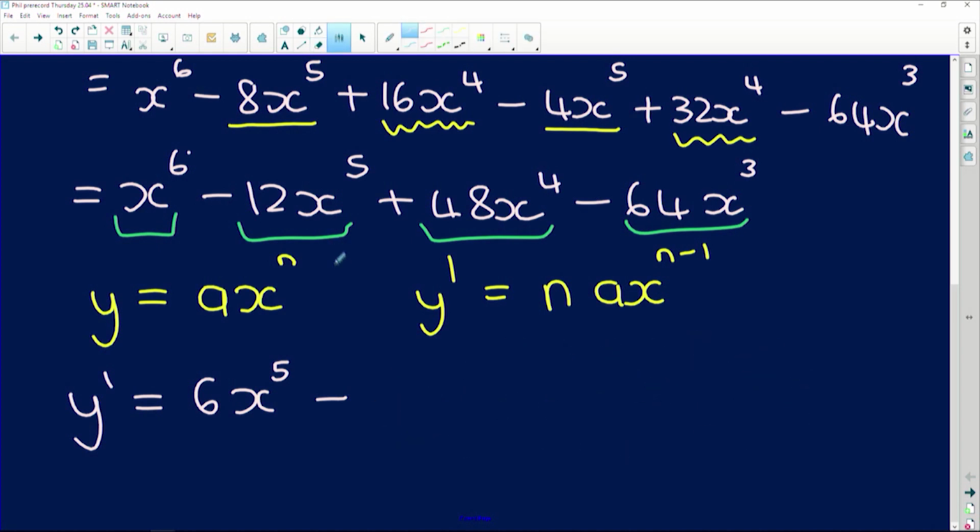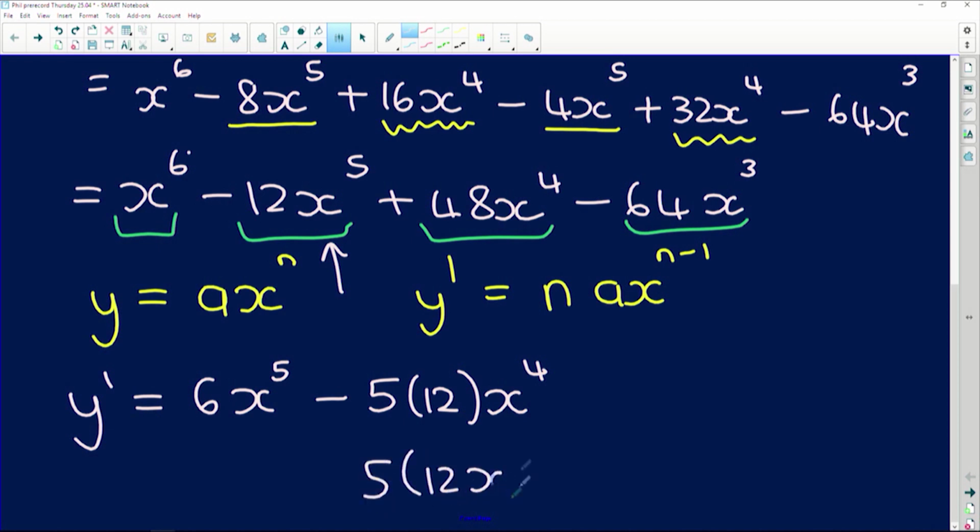Okay, so if we're looking at the second term here, we need to say 5 multiplied by the original coefficient multiplied by x raised to the power 4. You see, what I had done originally, guys, was I said 5 multiplied by 12x to the 4, which means that both the x and the 12 would have been raised to 4, which would have been incorrect.